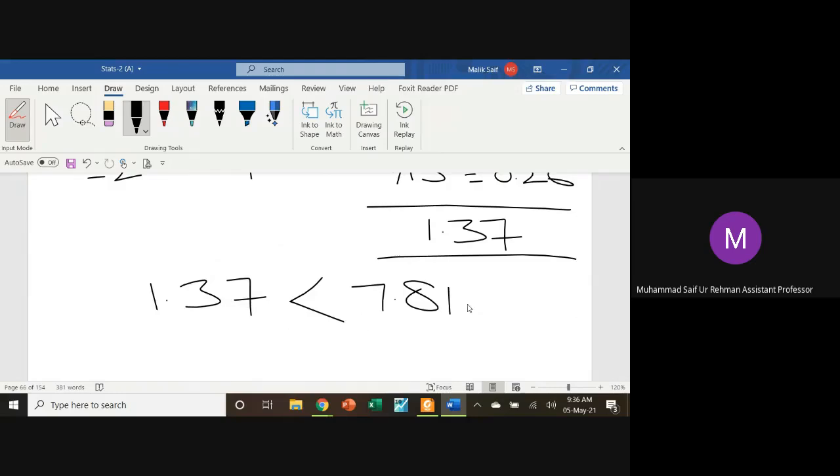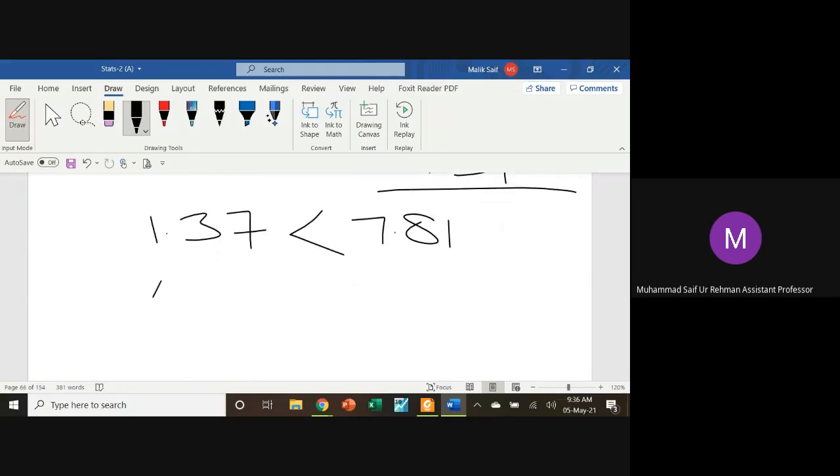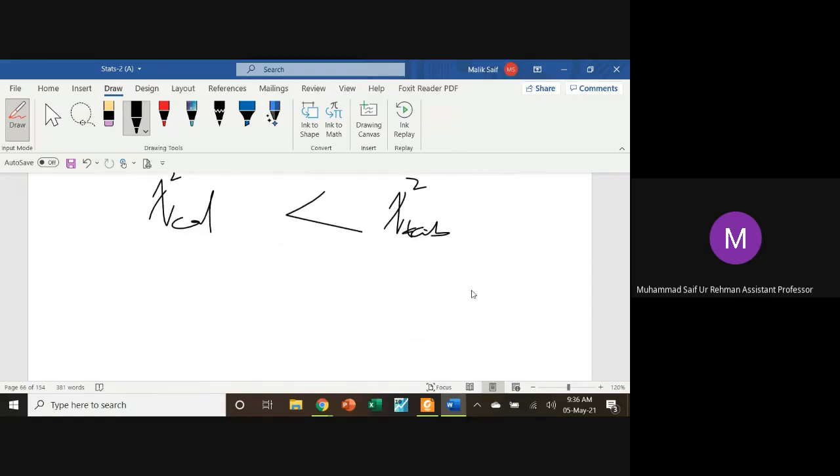So this is chi-square calculated and this is chi-square tabulated. The rule is that if calculated is greater than tabulated, then we reject. So this case is the opposite of that rule.